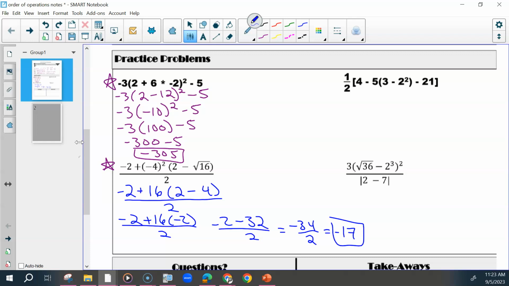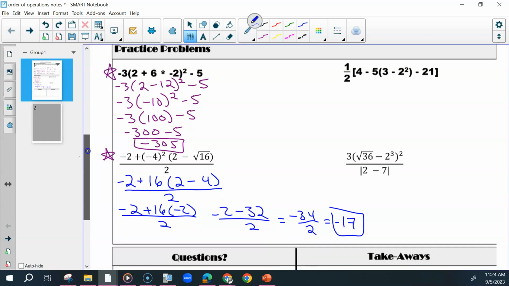Okay. So make sure that you are using parentheses, putting the square on the outside, all those things, to get that positive. Then multiply and then subtract. So -305 was the correct answer for that one. Woohoo!